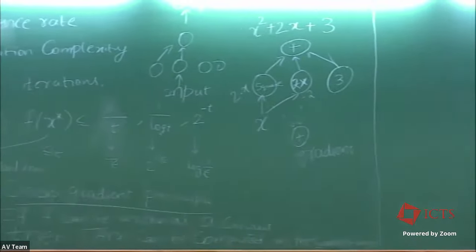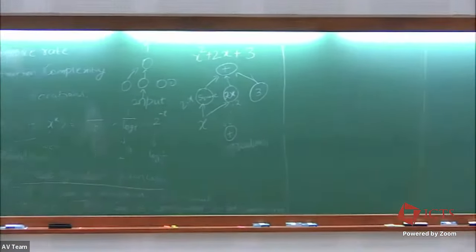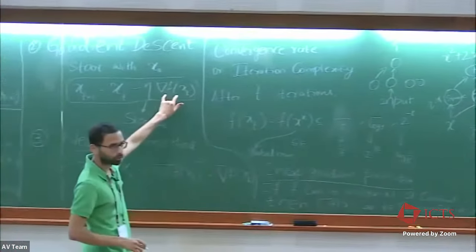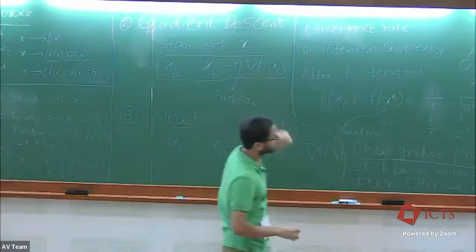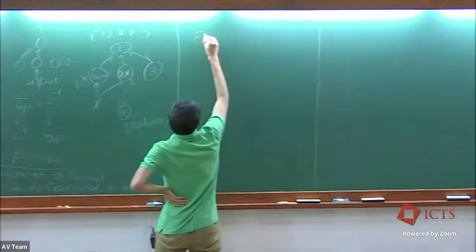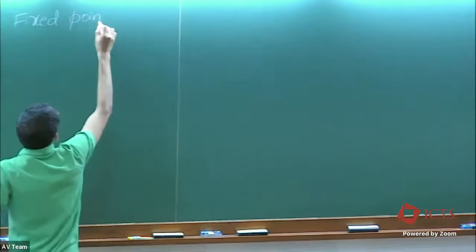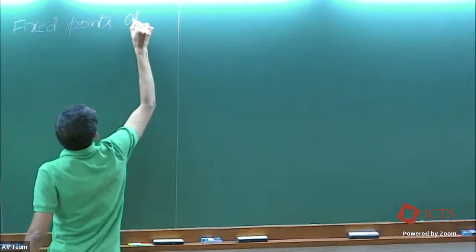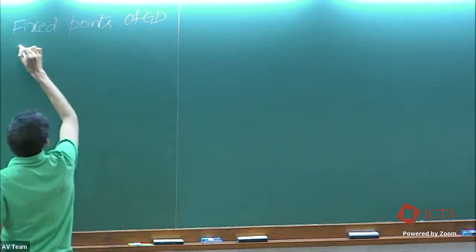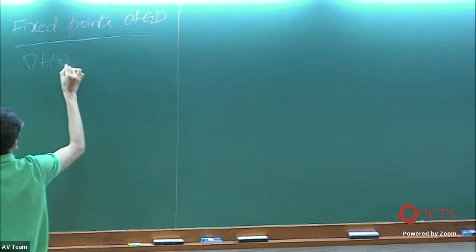So let's first try to understand what kind of functions we can really optimize using gradient descent. If you look at the update rule and ask what the stationary points, the fixed points, of the gradient descent update rule are, the fixed points of GD satisfy grad f of x equal to 0.